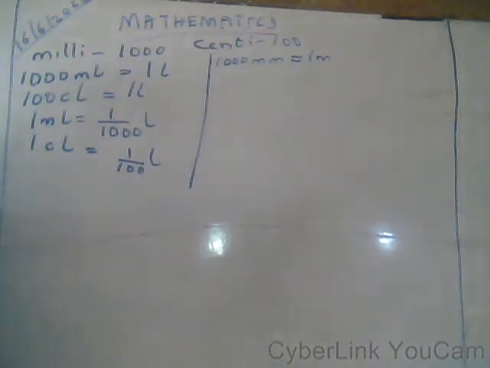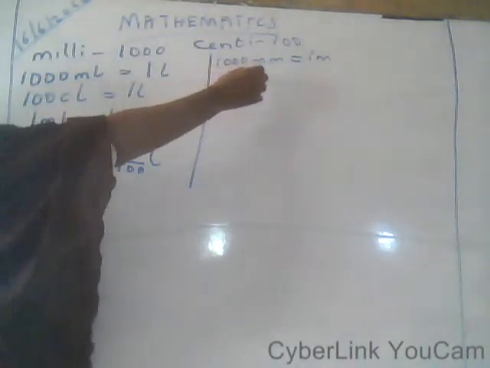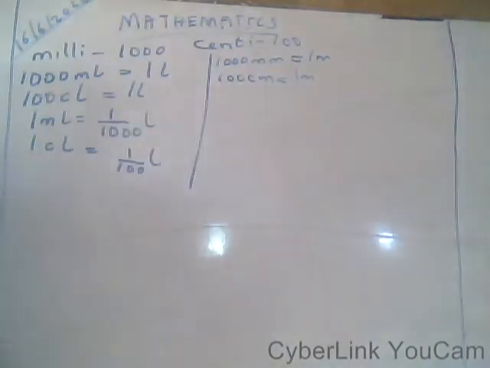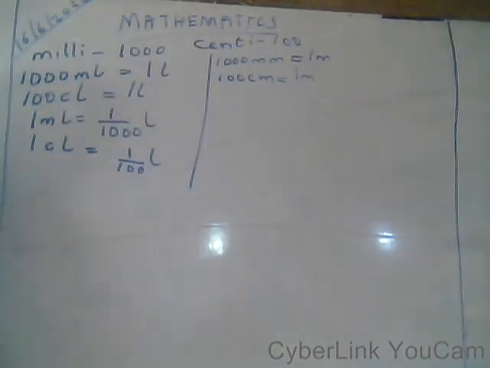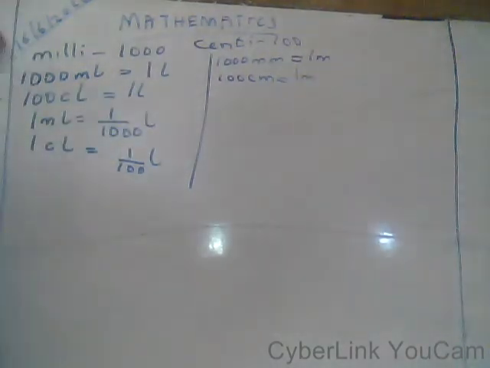100 centimeter, just like what we have here, will give us 1 meter. Now, since we have 1000 millimeter to give us 1 meter, what if we have 1 millimeter? How many meter will it give us?